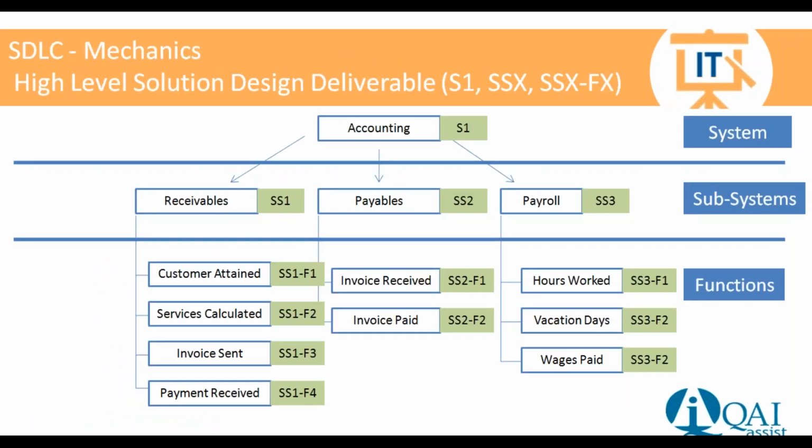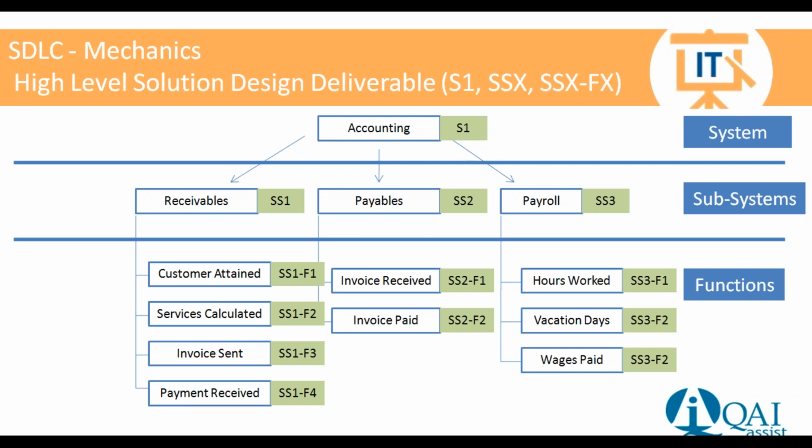And ultimately, what we're going to be doing in this deliverable, we're going to lay out a very high-level description of the system, of reference to the subsystems that are incorporated in the system, and a reference to the functions within each of the subsystems. Now, we're not going into a full-blown detail of each and every one of the subsystems or the functions. We will get into that with further deliverables.